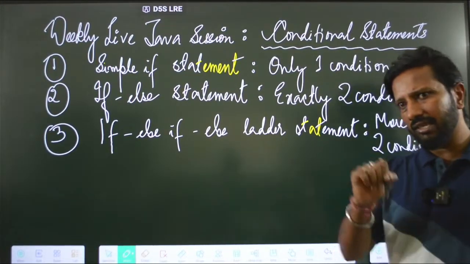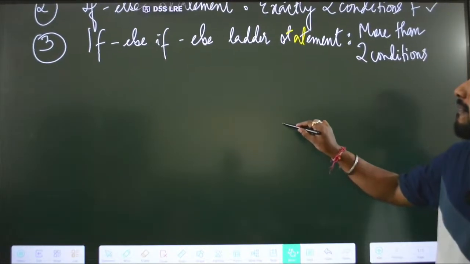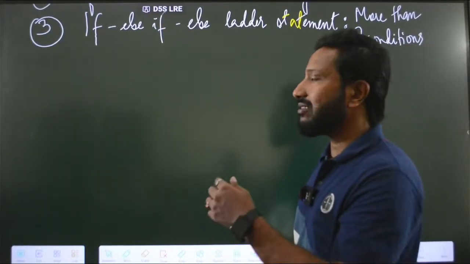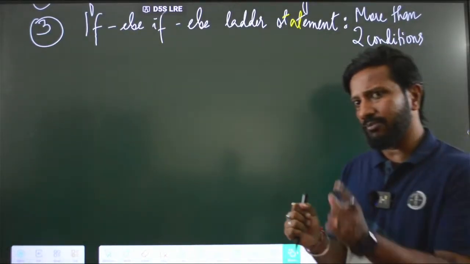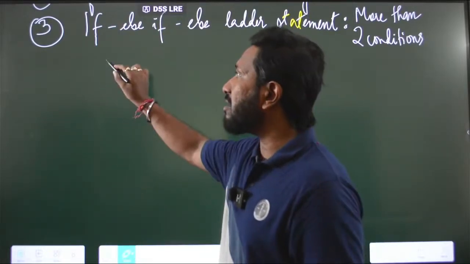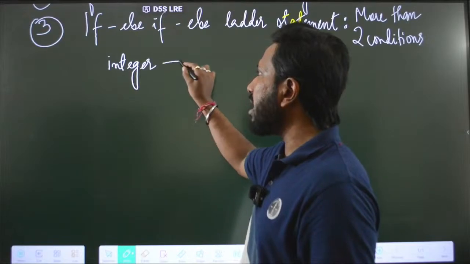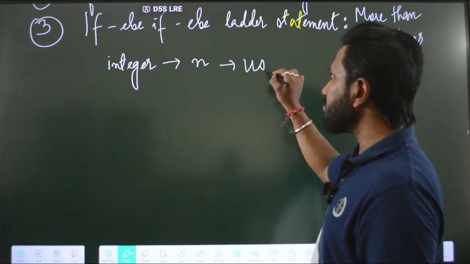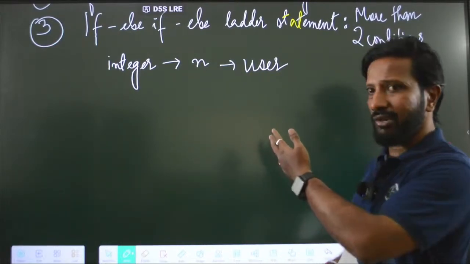Fine, let us take an example. The third one, the if else if and else ladder statement, has more than two conditions. Suppose I have a particular number, an integer n. This we can take from the user, and I will show you how to take user input also.